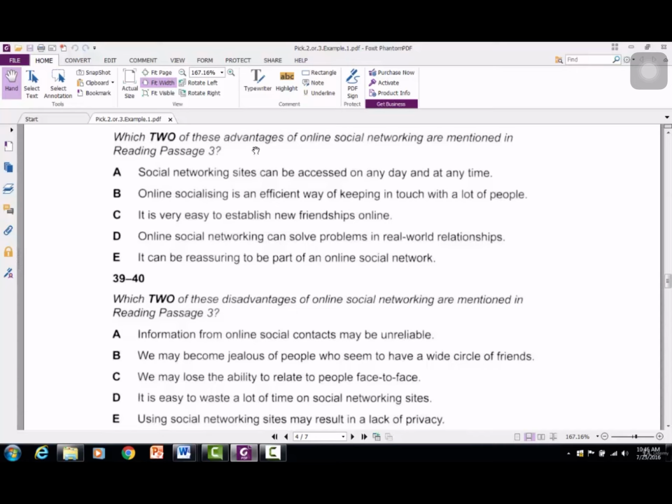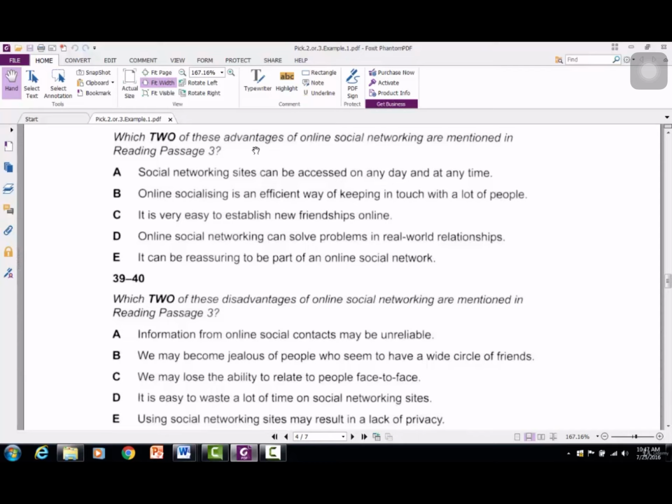Like for 37 and 38, it says, which two of these advantages of online social networking are mentioned in reading passage 3? And 39 through 40 says, which two of these disadvantages of online social networking are mentioned in reading passage 3? So what I mean is this.